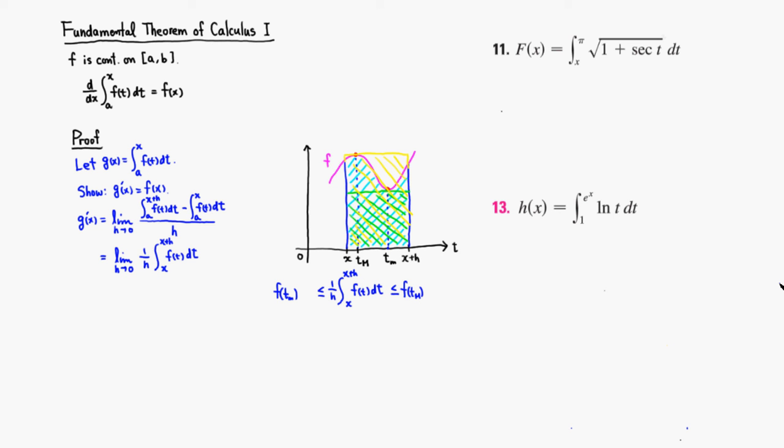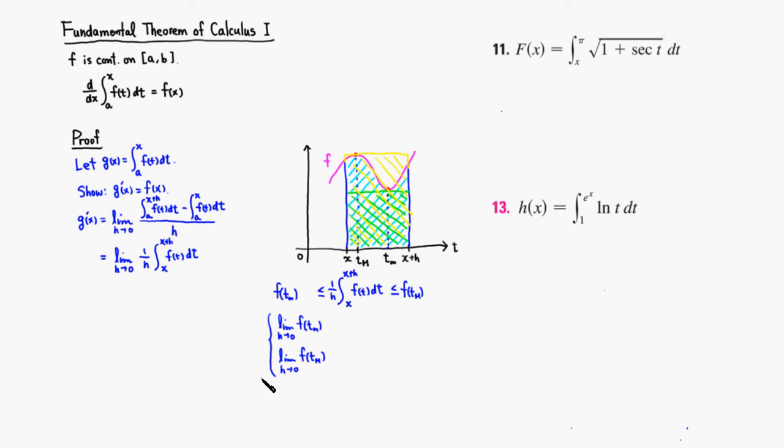And what we want to do is look at the limit as h approaches 0 of f of t sub lowercase m, and also the limit of f of t sub uppercase m as h approaches 0.